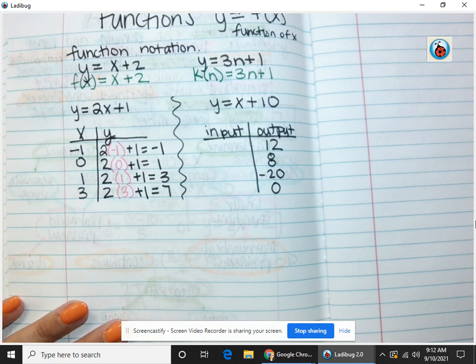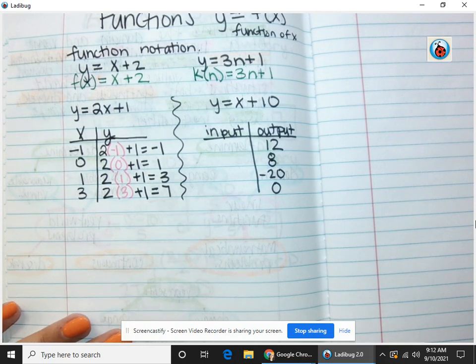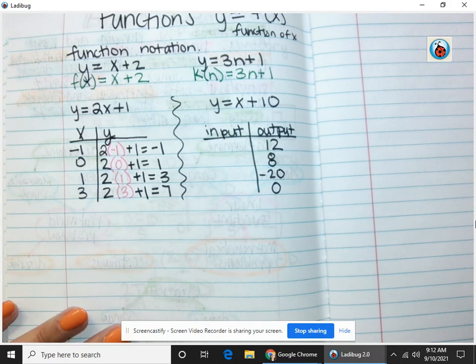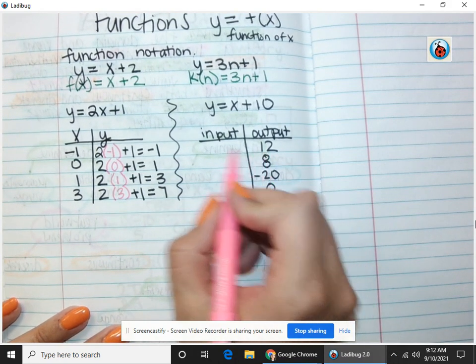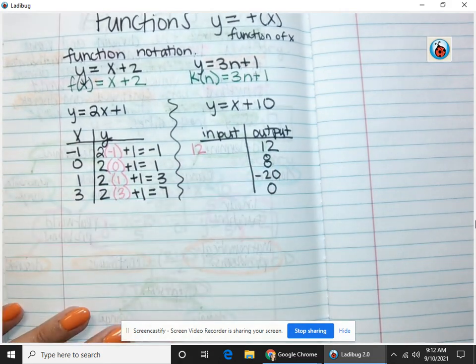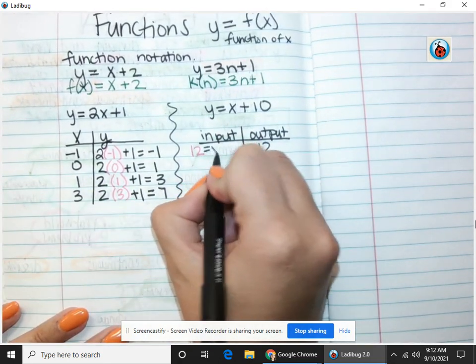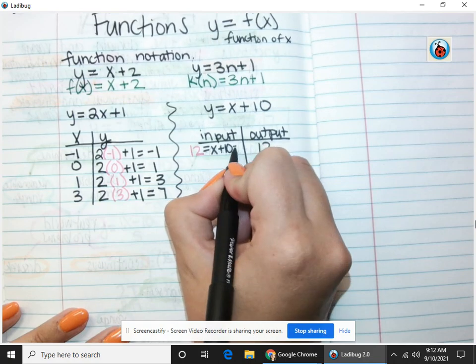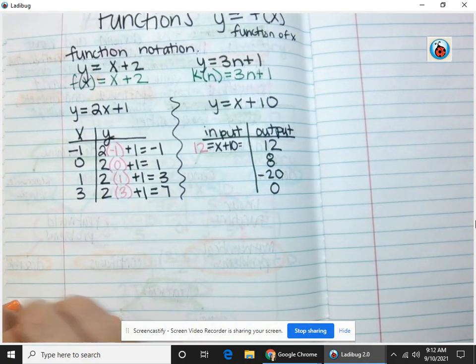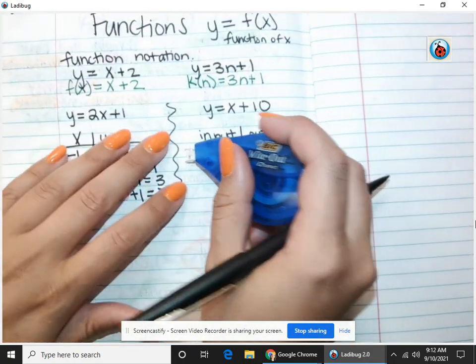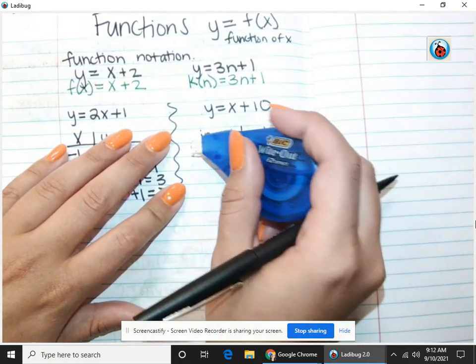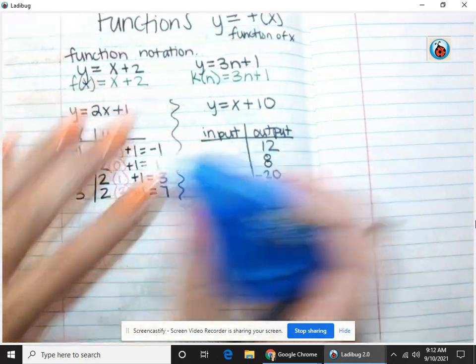This one's just a little more complicated, though it shouldn't be for this specific problem, because it's plugging in 12 for y equals x plus 10. Let me try that again so I have more room to write my answer.